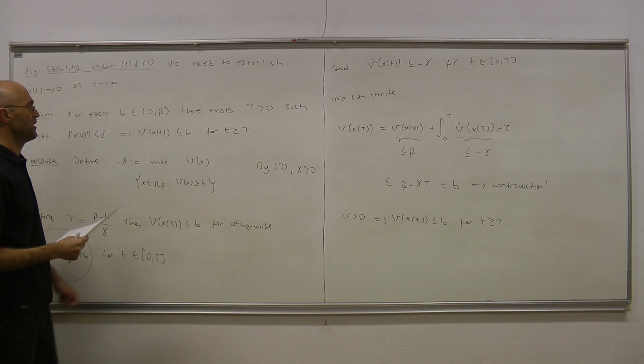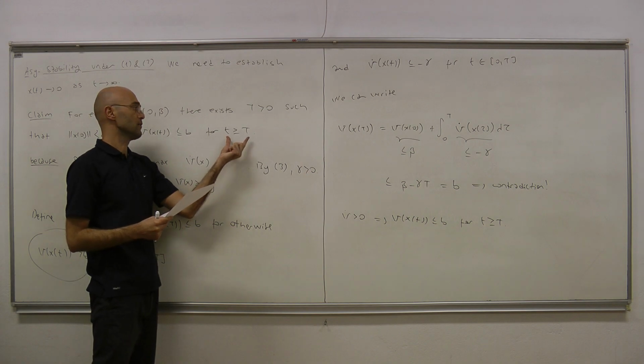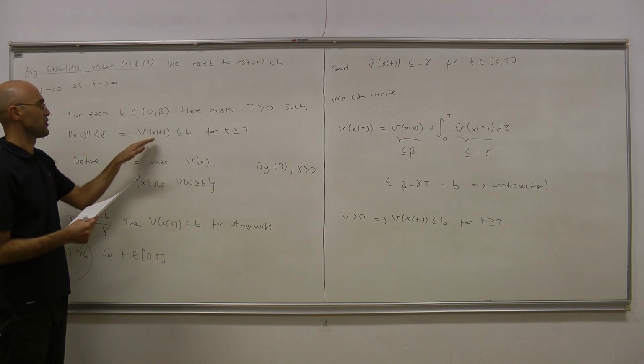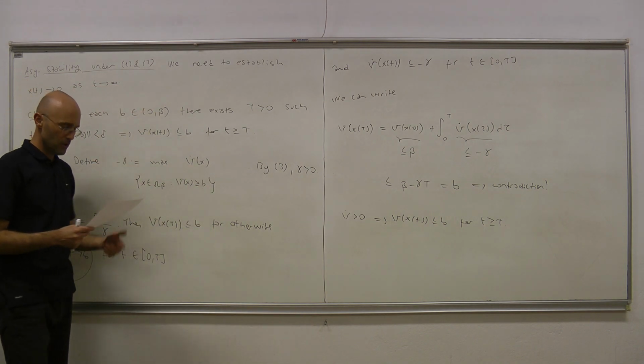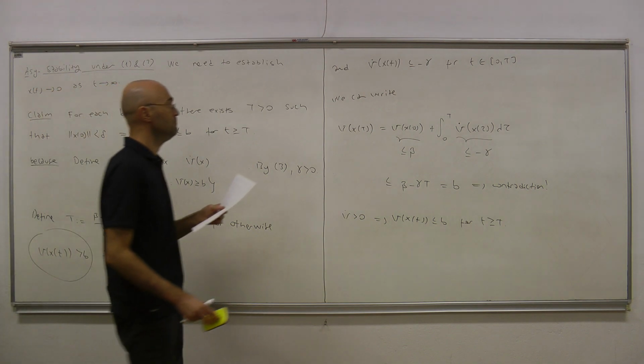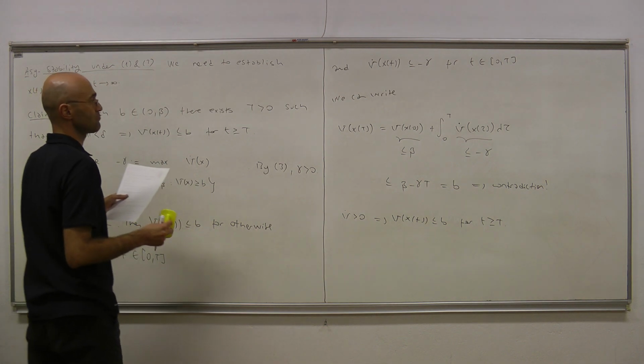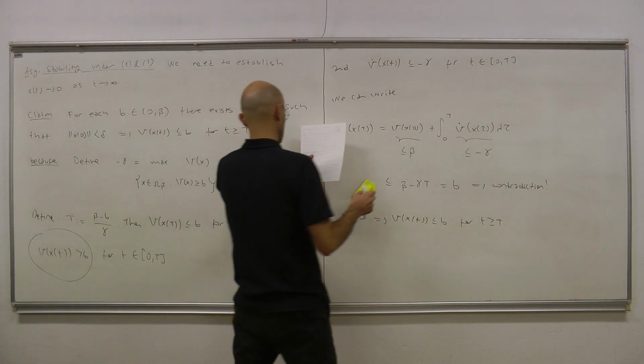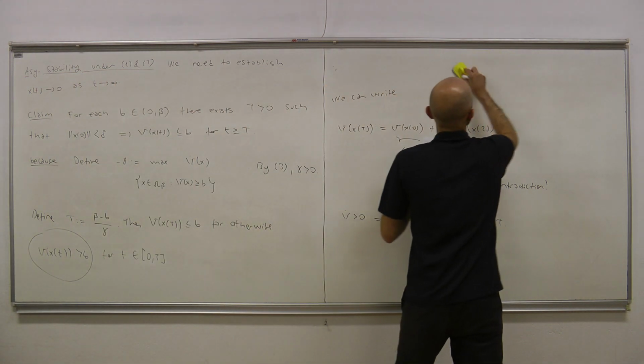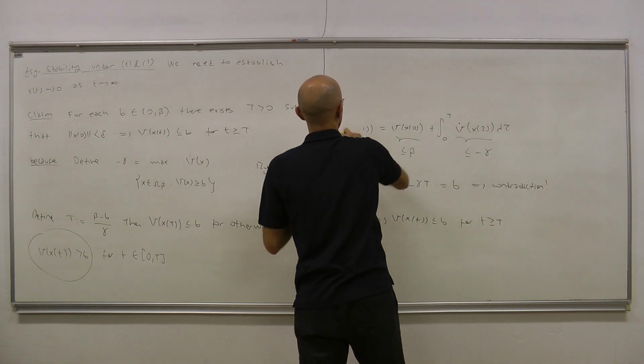No matter what b you choose between 0 and beta, you can always find a time that's large enough so that if you wait throughout that time interval, the x of t eventually goes down below the b line. Okay, and now let's see what the claim implies.